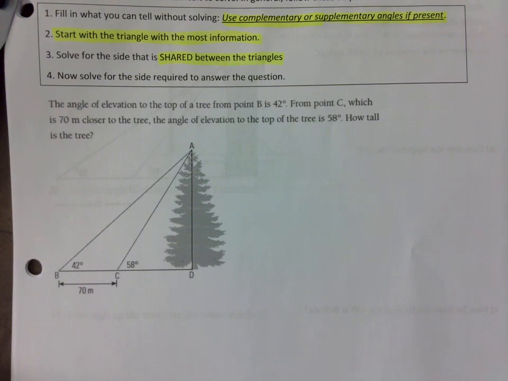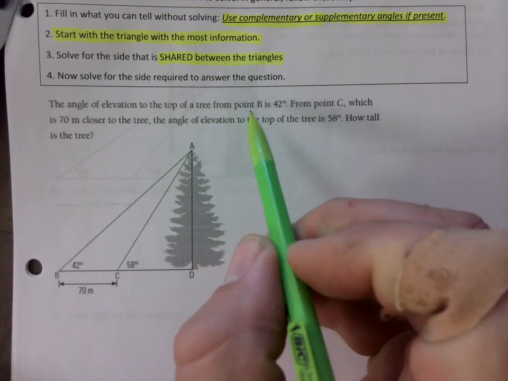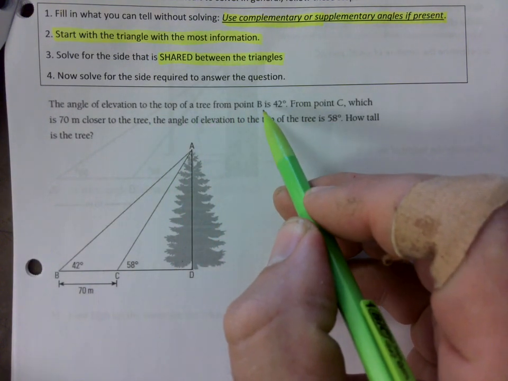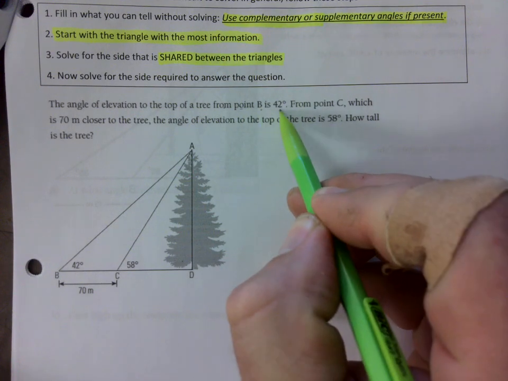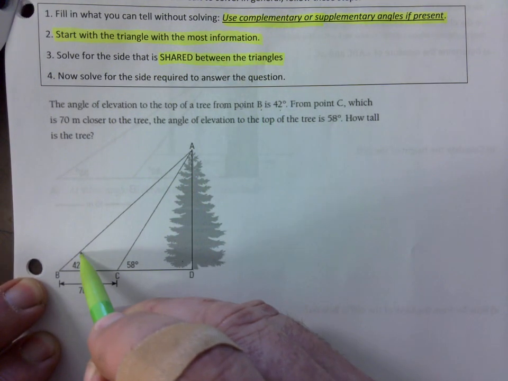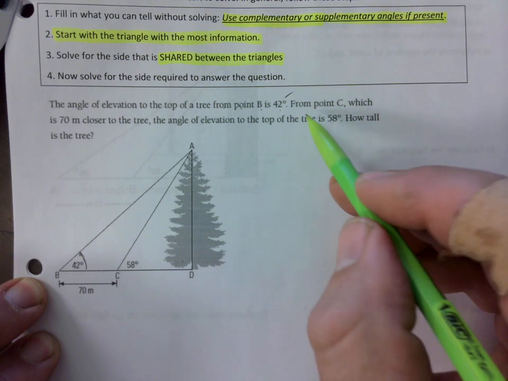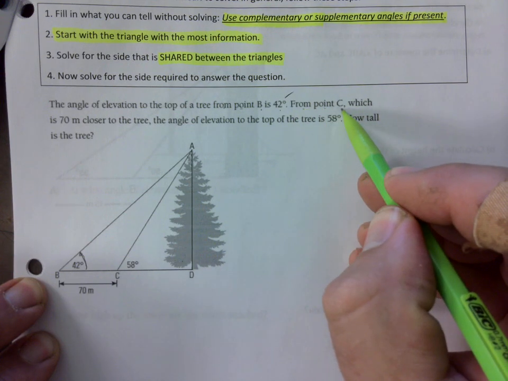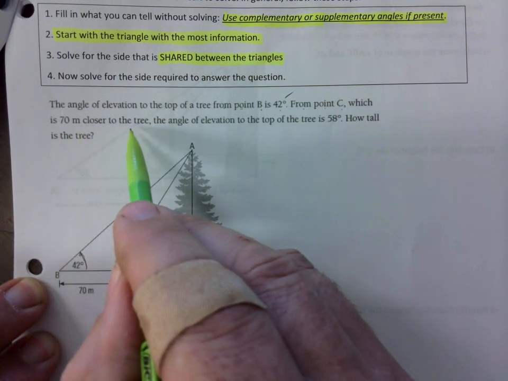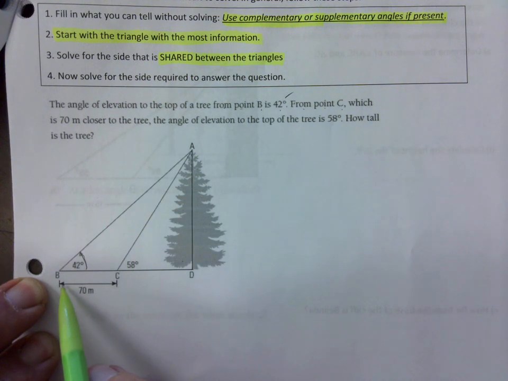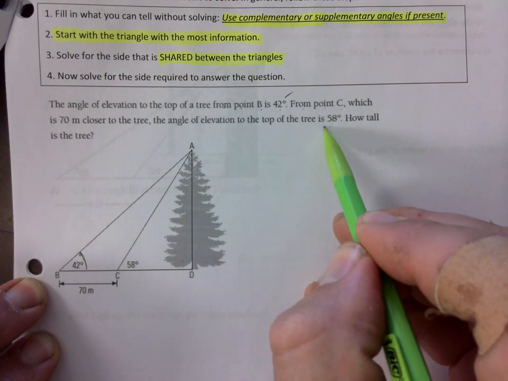First question. The angle of elevation to the top of the tree from point B is 42 degrees. Let's go check it. It makes sense, right? This is definitely an angle of elevation. From point C, which is 70 meters closer to the tree, your angle of elevation is 58 degrees according to this question.